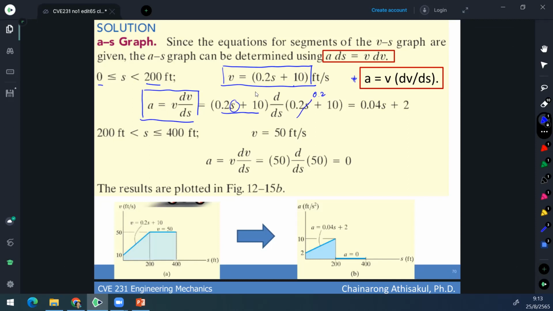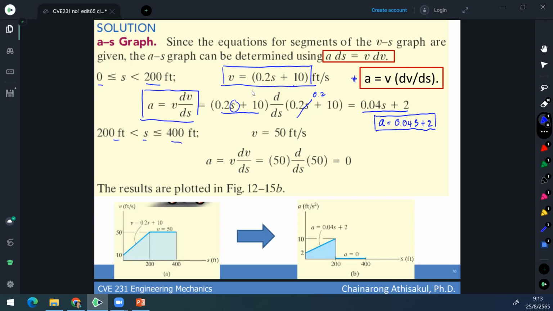And when we multiply with the velocity, we obtain the acceleration function like this. We can conclude that acceleration is equal to 0.04 s plus 2. You see that the acceleration for this problem is not a function of time, it is a function of s.